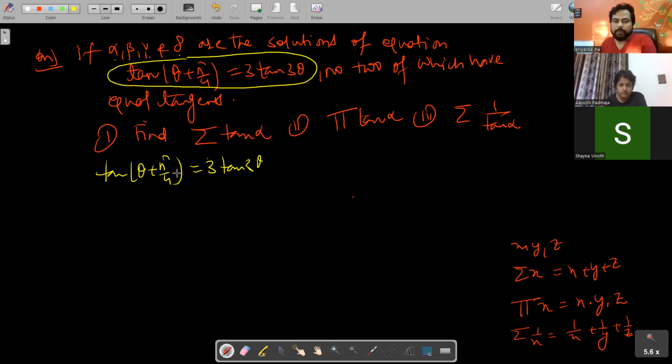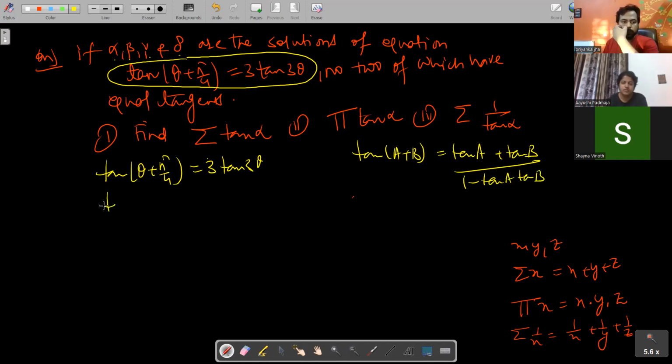Here apply tan of a plus b. This formula you must remember: tan of a plus b is tan a plus tan b upon 1 minus tan a into tan b. So with tan a as tan theta and tan b as tan 45, which is 1, we get 1 upon 1 minus tan a into tan b.